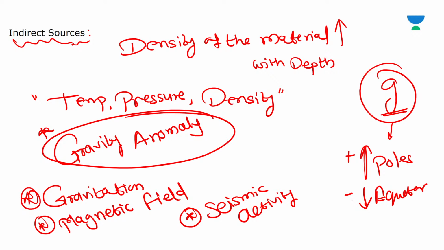Now, friends, the gravity anomalies give us information about the distribution of mass of the material in the crust of the earth. Magnetic surveys also provide information about the distribution of magnetic materials in the crustal portion, and thus provide information about the distribution of materials in this part.